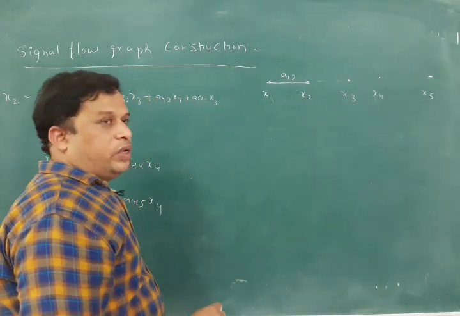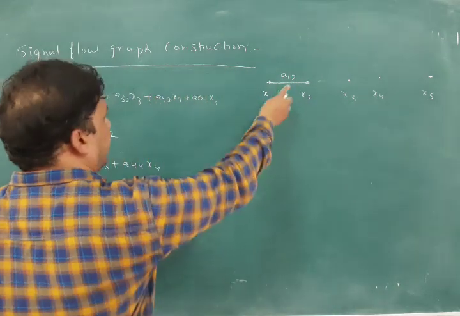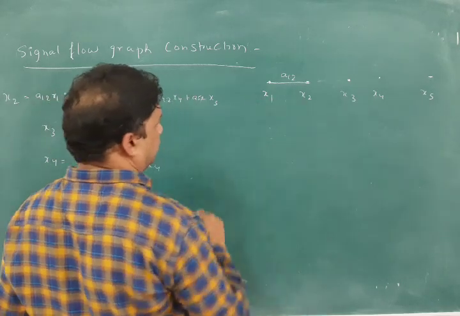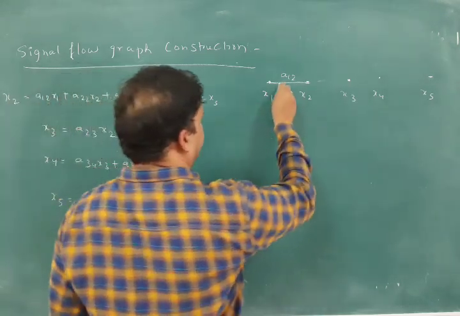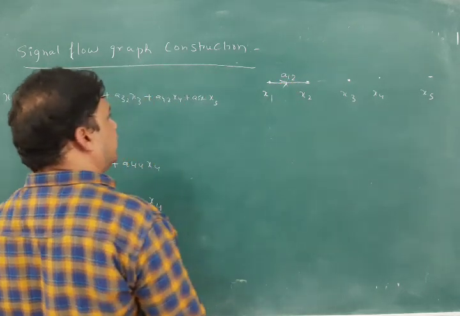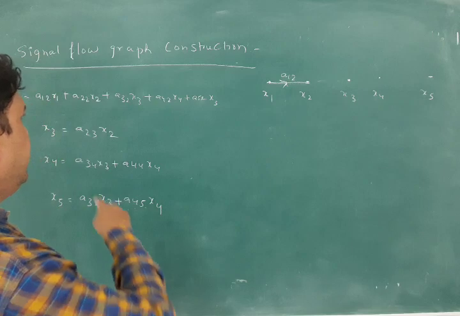Is it clear to you? A12 X1, as we have already seen in the rule, X2 is equals to A12 X1. And the direction is from 1 to 2 like this. Direction is also compulsory here. If you mention direction like this, and next is plus A22 X2.